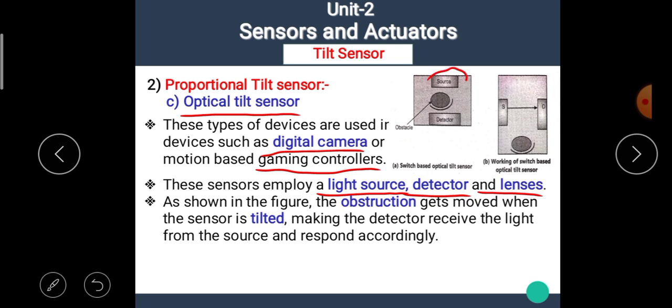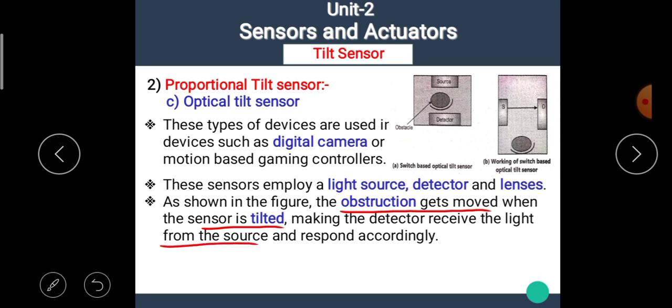Here is the light source, the detector, and in between them the obstacle is placed. As shown in the figure, the obstruction moves when the sensor is tilted, making the detector receive the light from the source and respond accordingly.